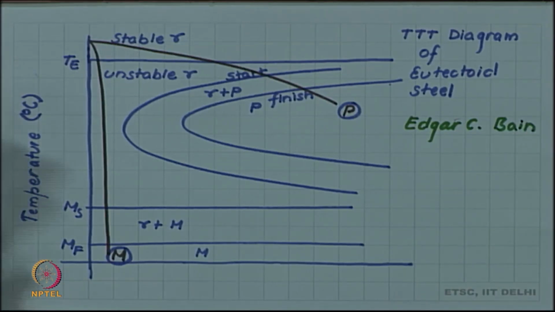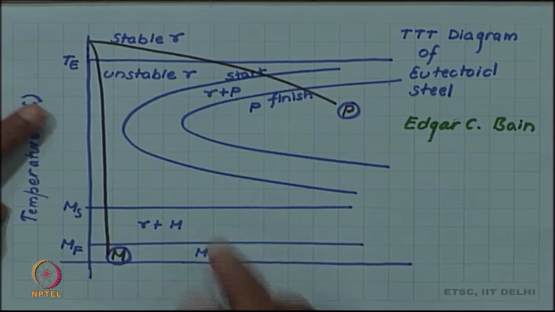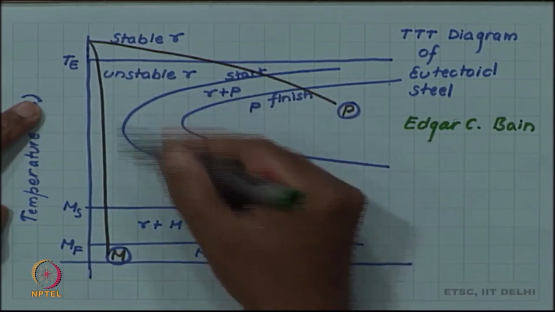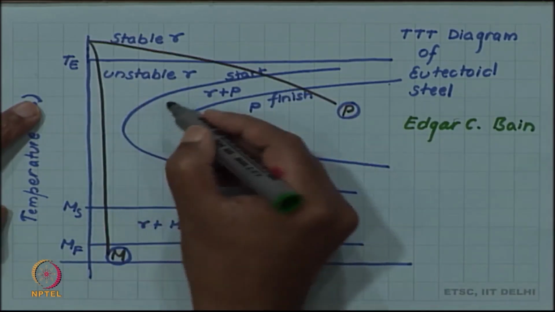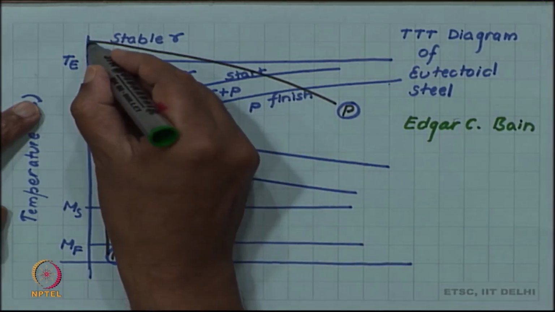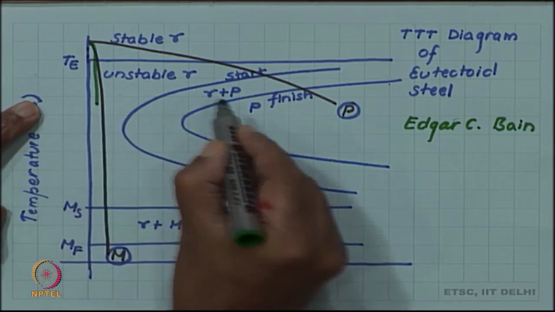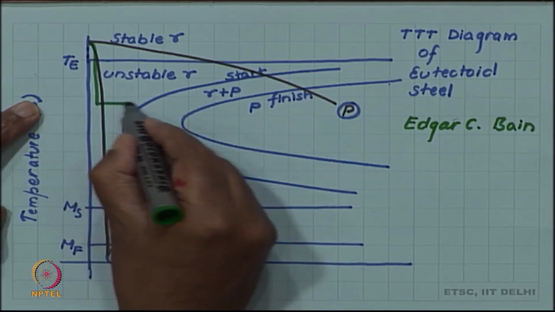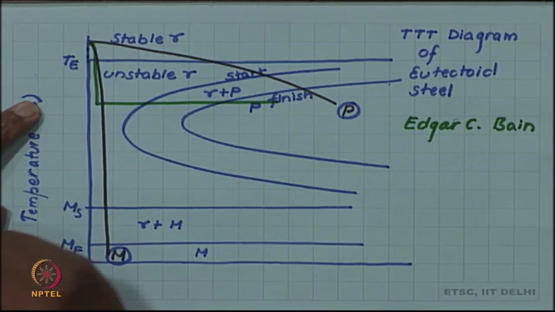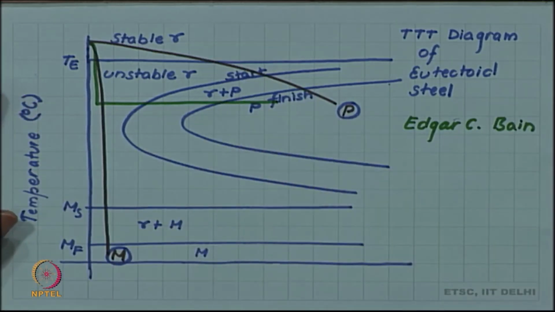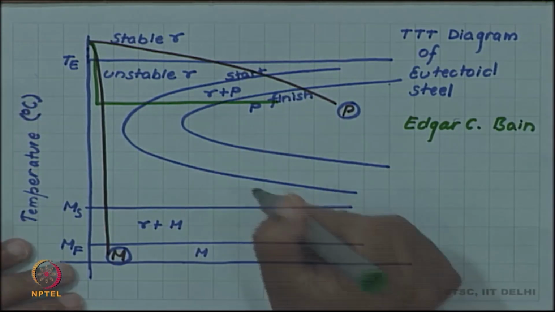When he was developing these diagrams, he decided to isothermally cool austenite quenched from a very high temperature. So, in fact, he was not continuously cooling as shown in these lines, but he was initially quenching fast and then holding for transformation, and we saw that it transforms to pearlite.